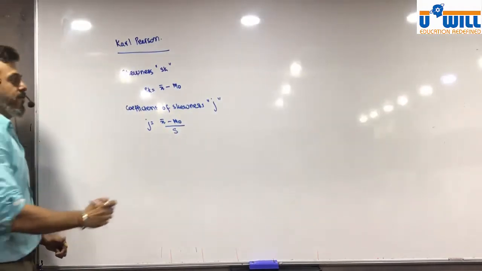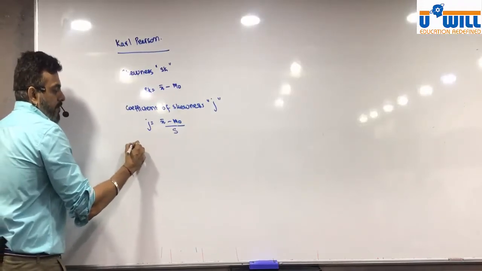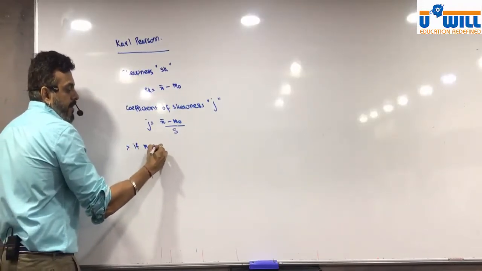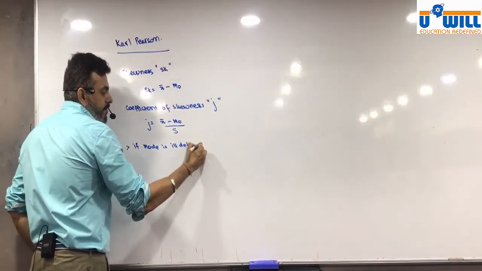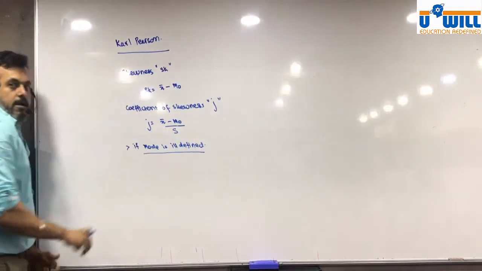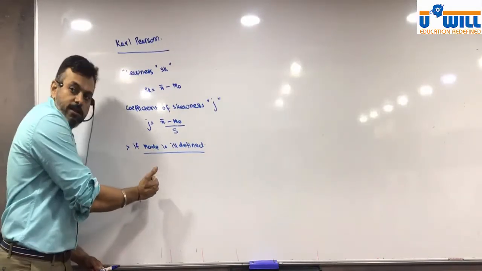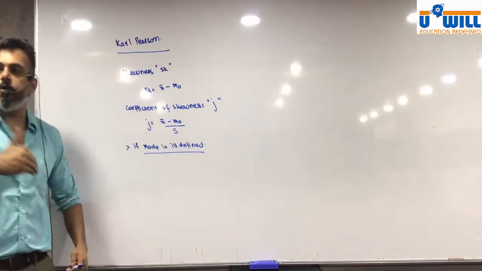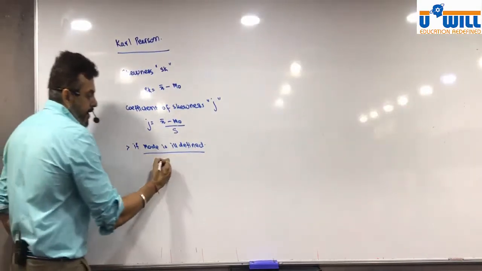Understood this? But since we are using mode over here, what if mode is ill-defined? When can I say mode is ill-defined? Unequal class length, partial discrete, partial continuous, more than one mode. Do you all remember? Ill-defined means what?